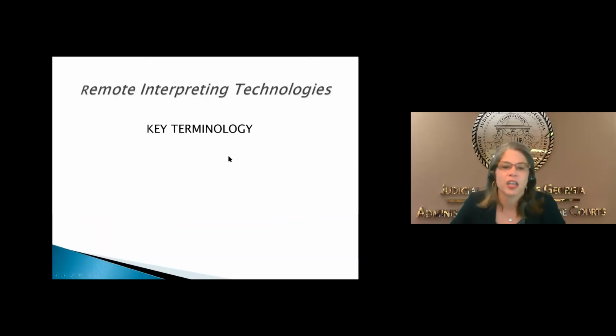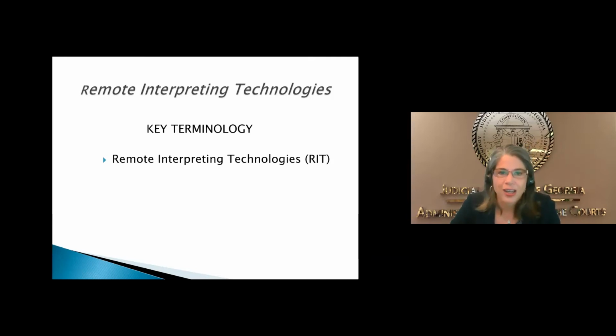So let's start with key terminology. Remote interpreting technologies, RIT, are actually different types of technologies which can be used to make it possible for interpretation to happen in more than one place at a time. That means that the person needing services doesn't have to be next to the interpreter and vice versa.